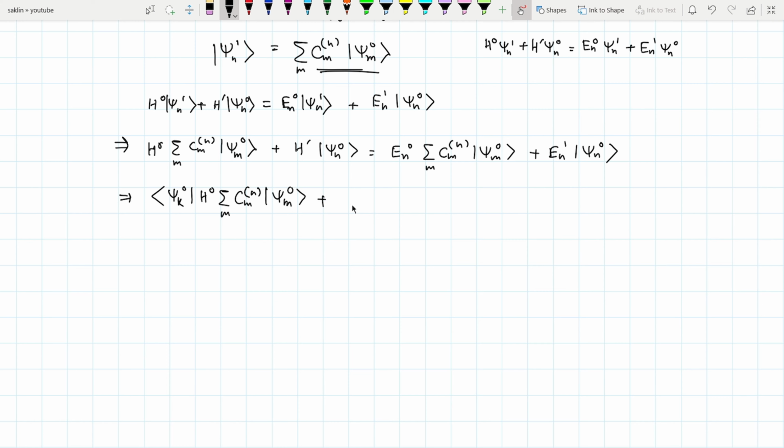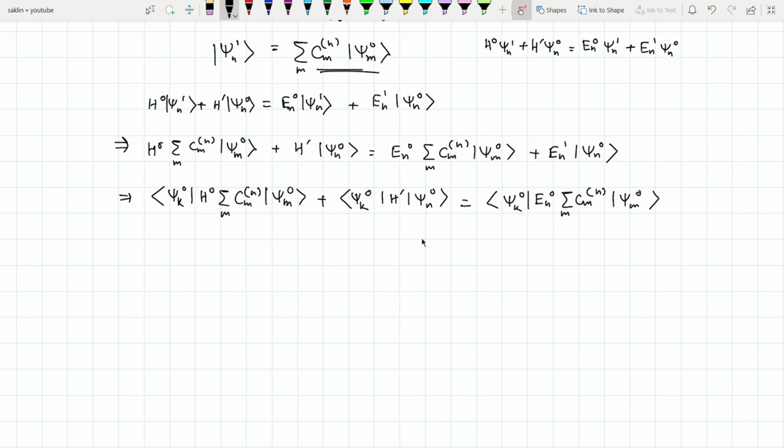Without this we cannot derive the eigenfunction, the first order correction of the eigenfunction. It is very difficult to write and tell everything, but for you I will do everything.